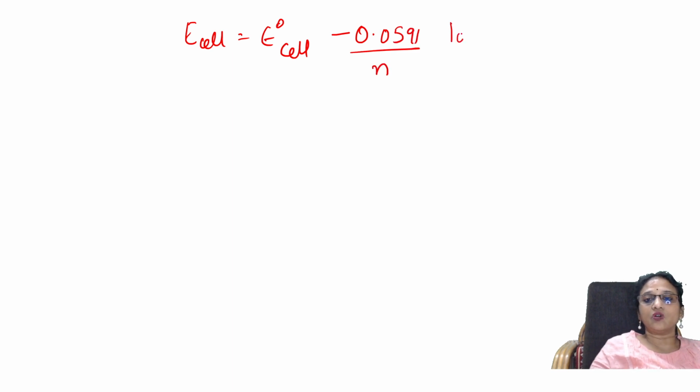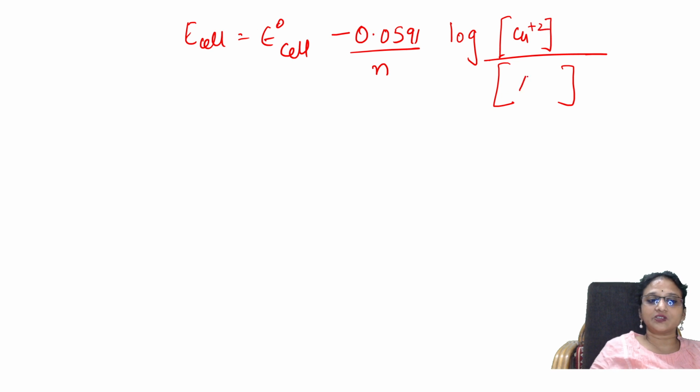What is the Nernst equation? E cell is equal to E naught cell minus 0.059 by n log oxidized part by reduced part. What is oxidized? Copper plus 2. What is reduced? Ag plus. How many coefficient? 2.